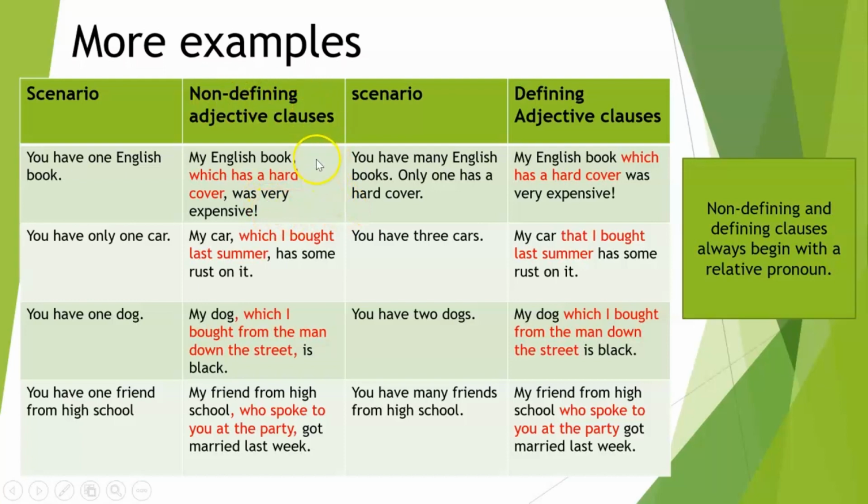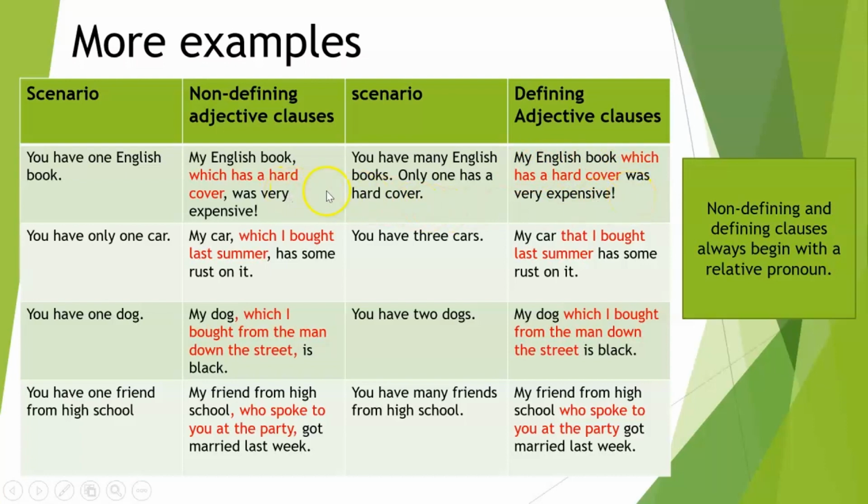That's non-defining. Here's another scenario. You have many English books and only one has a hardcover. So here you can say, "My English book which has a hardcover was very expensive."